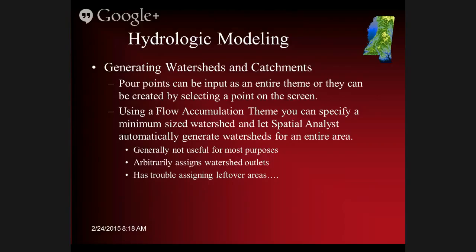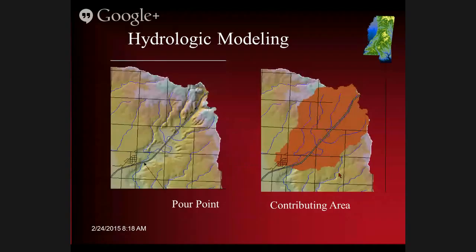They basically said, okay, just separate these out into watersheds based on a minimum size. They have to be a certain size. They're not strictly watersheds. They're sub-basins in a particular area.